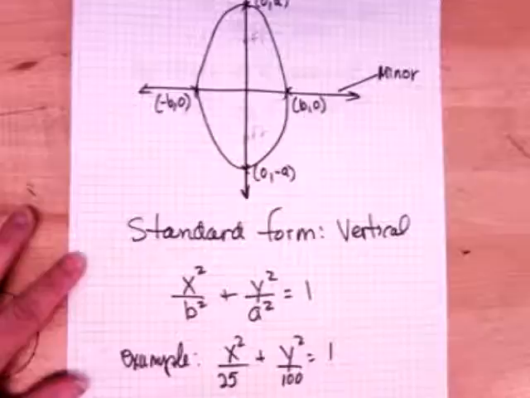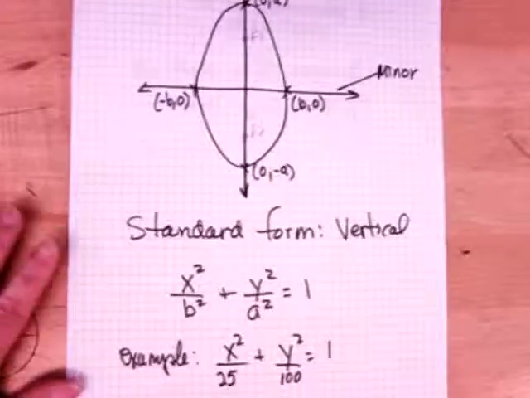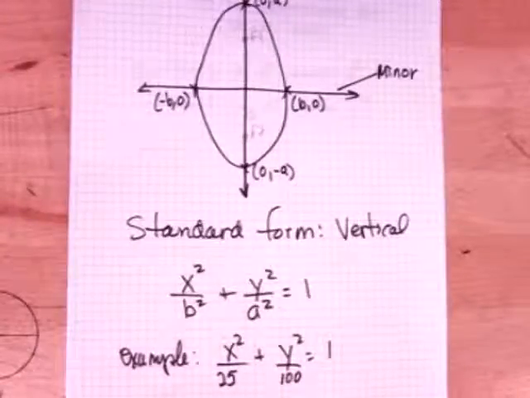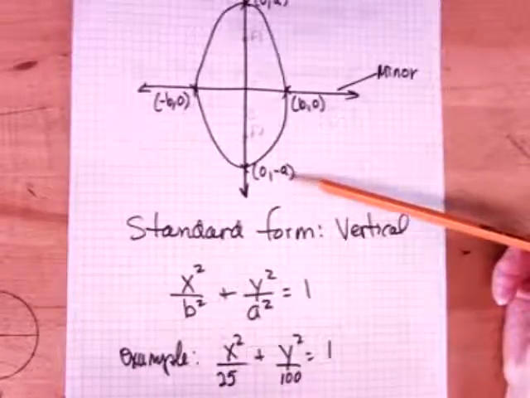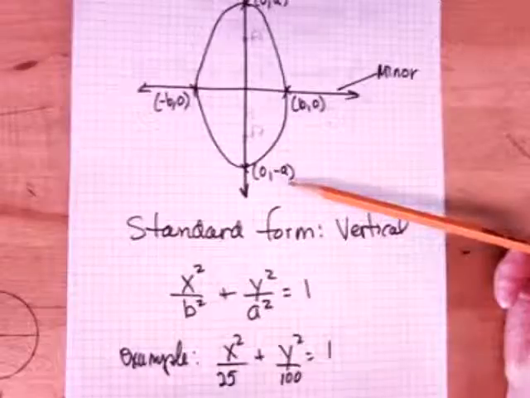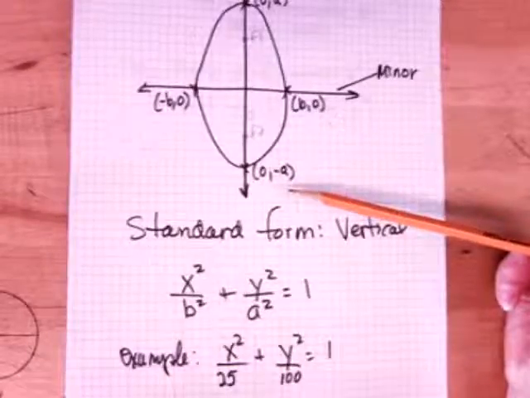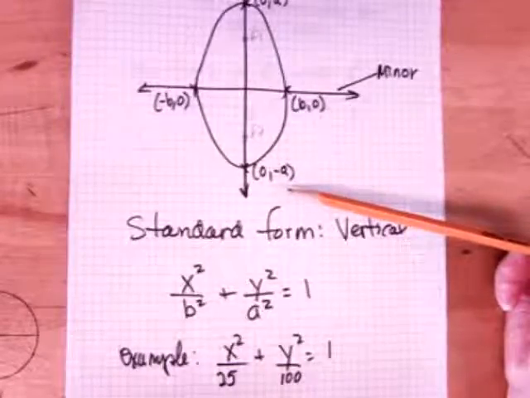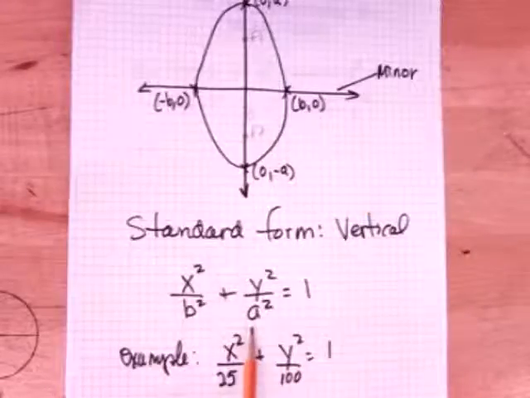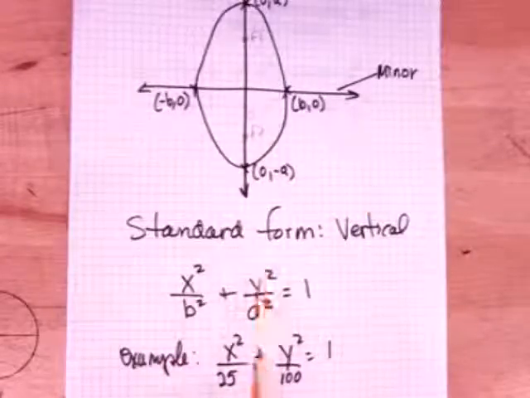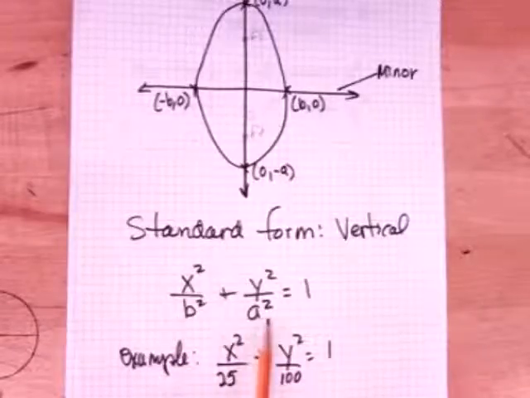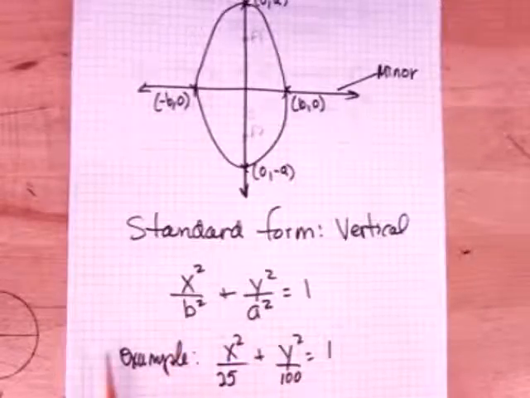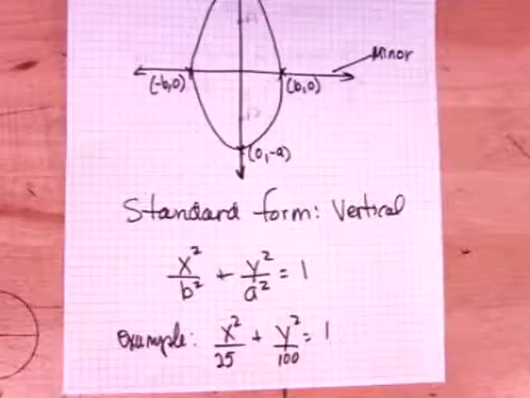Remember what I said: the vertex variable is a, and it always stays with the major axis. In this case, this is vertical, so the y is the major axis, so the a squared goes under the y squared, and the b squared goes under the x squared. And so here would be an example.